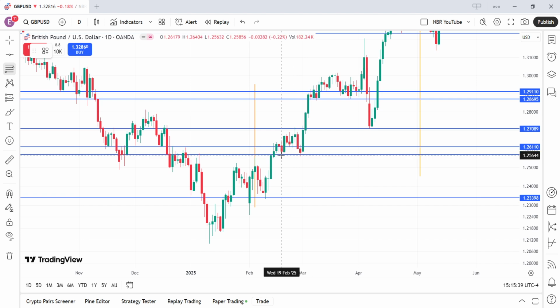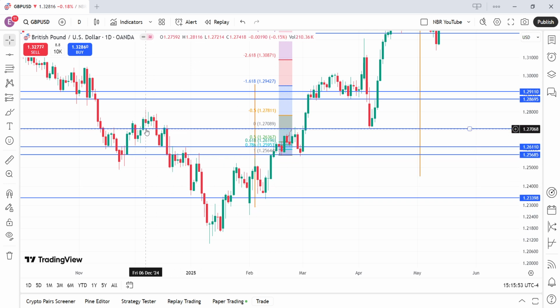True? So I'm going to draw my fib from here going up. Look what happened. I already have psychological levels here, and I already have a psychological level here. Swing low, swing low. So I have that type of psychological level everywhere. And look at the retracement into 0.618 and then the push back up.